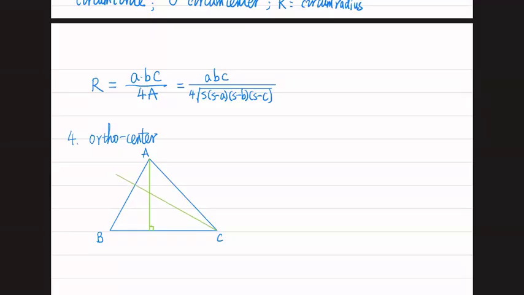Okay, this is perpendicular. From each vertex, we draw a perpendicular line. This is called the height, also known as the altitude.